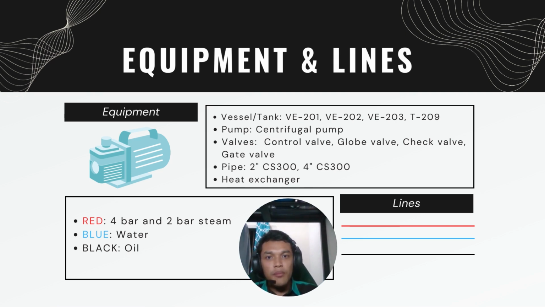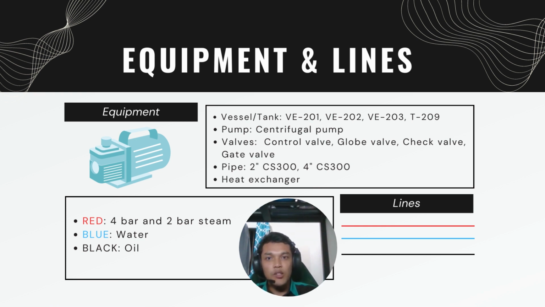Next, for pump, in this project, we use a centrifugal pump. Next, for valves, we have used four valves: control valve, globe valve, check valve, and gate valve. For pipe, we have used two sizes of pipe, which are 2-inch and 4-inch of CS300.